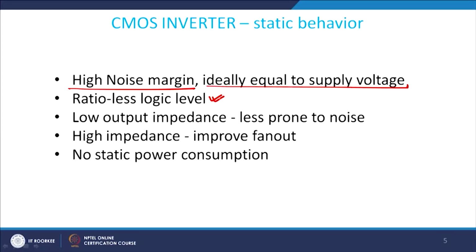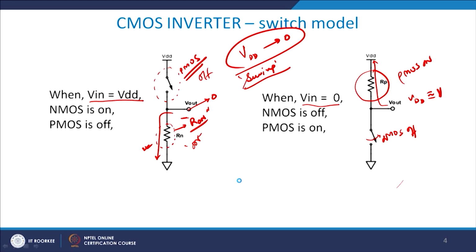This is also referred to as ratioless logic, which means that independent of the dimensions of these devices, the W by L ratios of PMOS or NMOS, I am 100% sure that the threshold voltage will always remain the same.